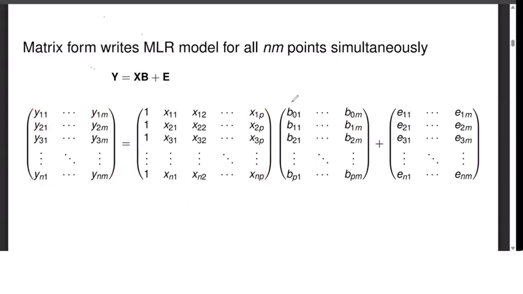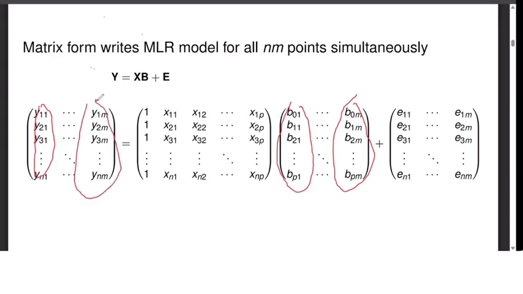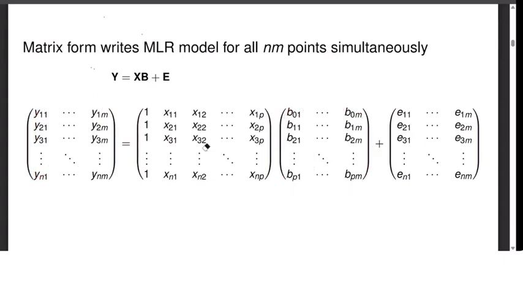This guy will be the set of parameters for this guy. Okay, this guy up to the Bm will be the set of parameters for this guy. Now, the dimension of Y should be the dimension of error.